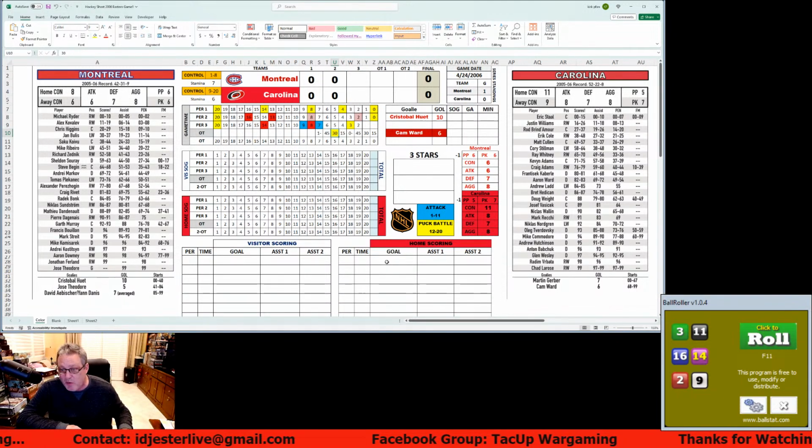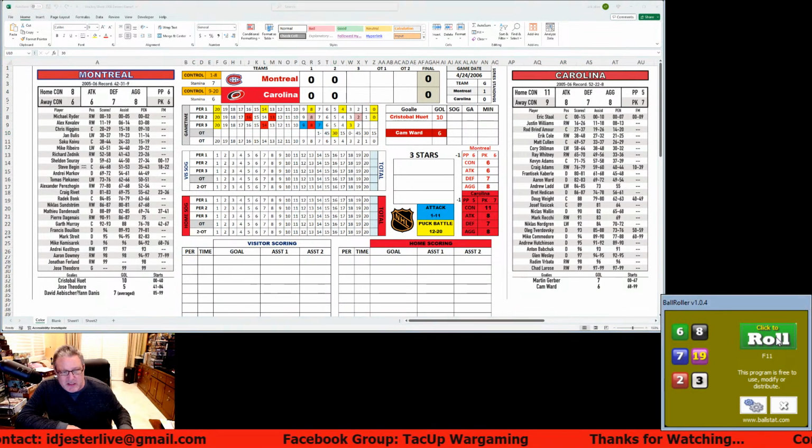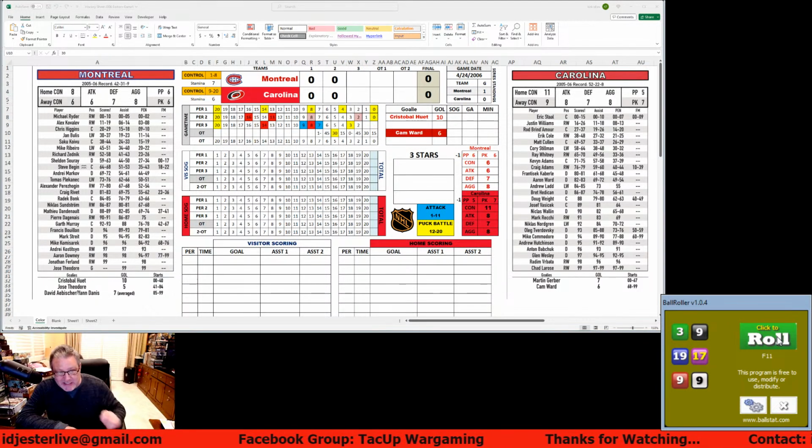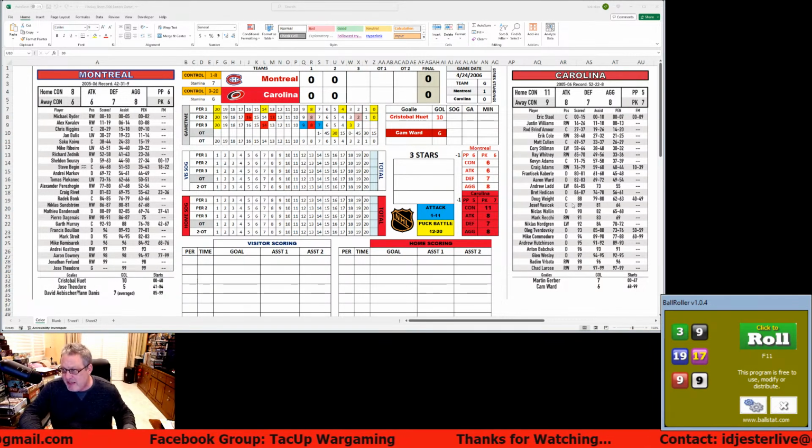And it's a goal. We have to roll to see who gets the goal, how many assists there are. Let's roll. It is a 3, which means 1 assist and a 99 on the assist column. A 99 on the assist column means it's Chad LaRose with the assist.